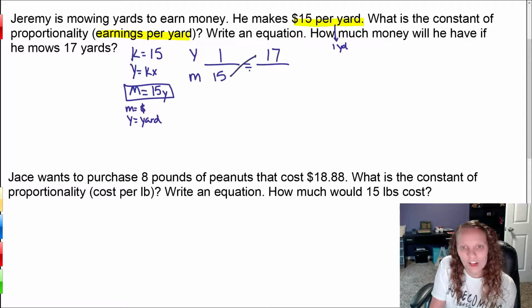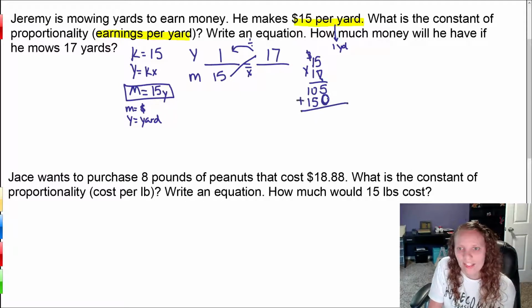Let's crisscross multiply, and then we'll divide. So 15 times 17. 7 times 5 is 35. 7, 8, 9, 10. Add a 0 placeholder because now we're on the second number. 1 times 5 and 1 times 1.